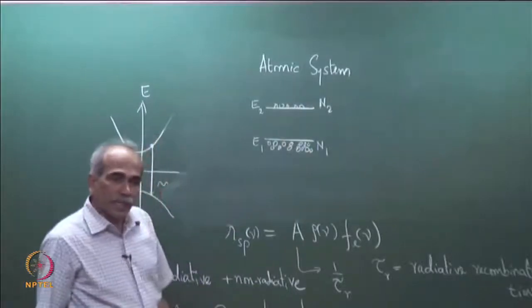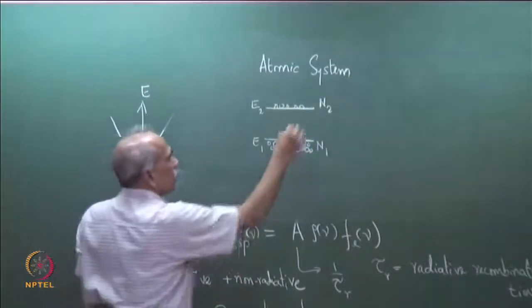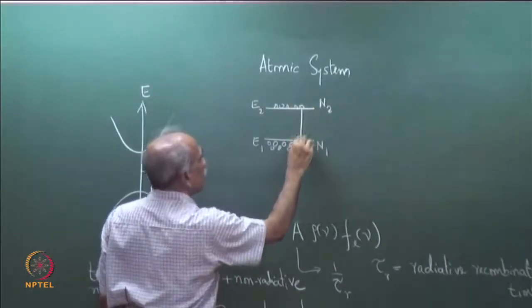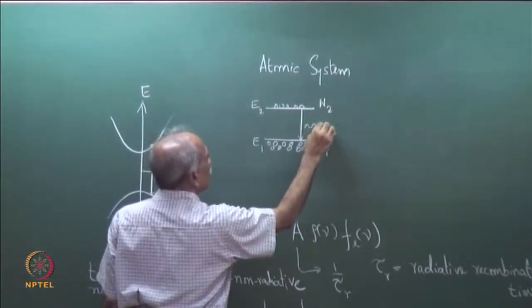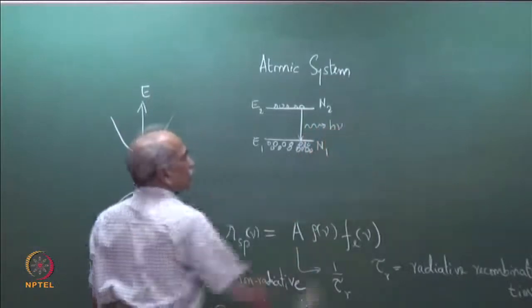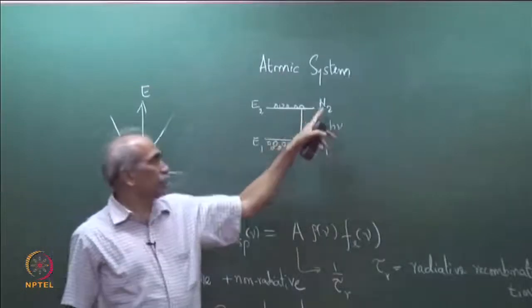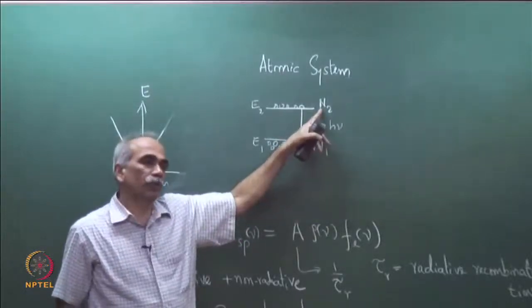The three basic atomic processes are the same interaction processes. An atom sitting here can make spontaneously a downward transition, giving out an emission of photon h nu. N2 is the number of atoms per unit volume of the material.